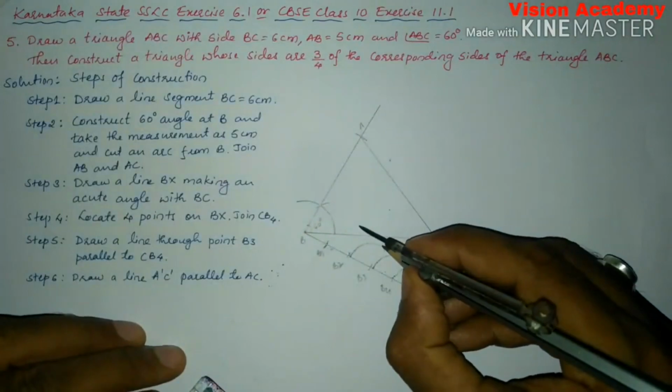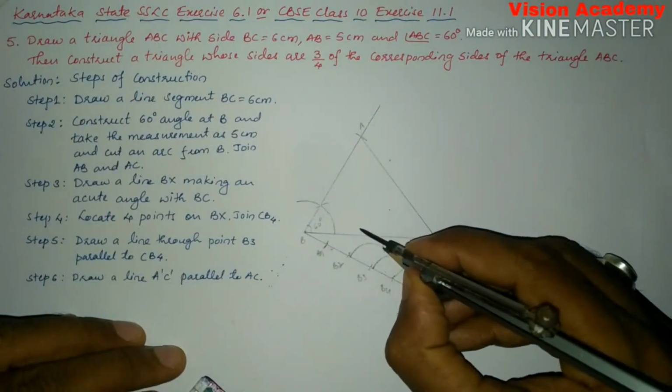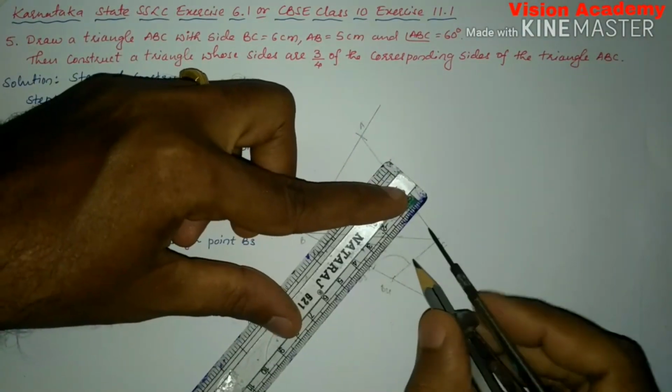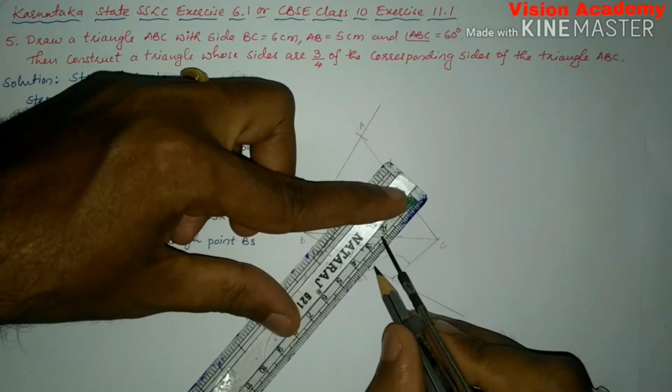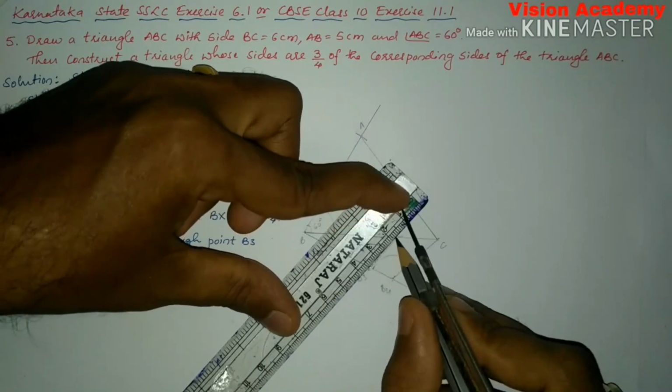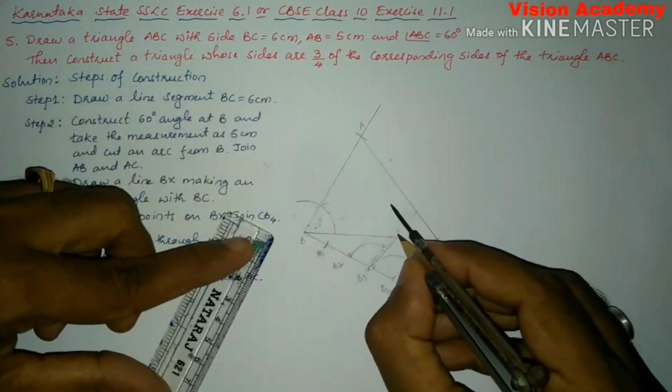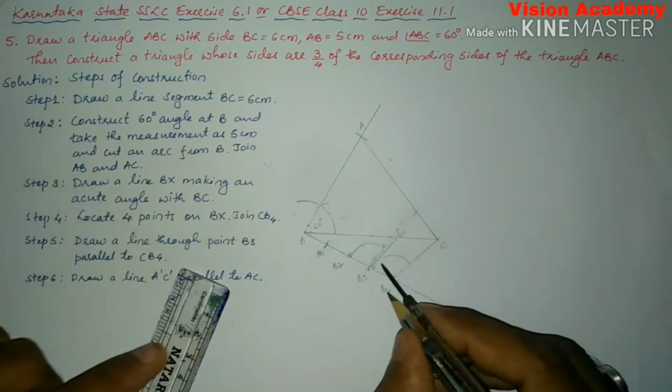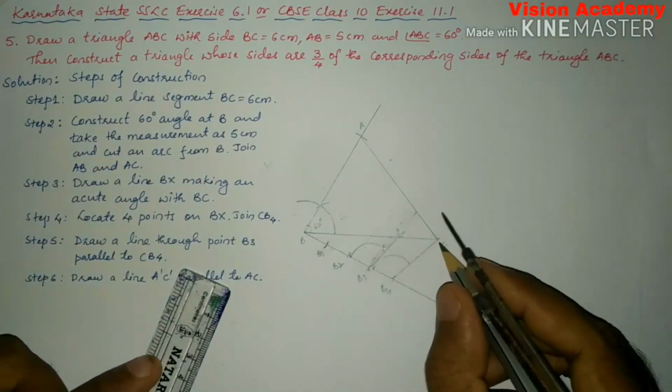So it comes here. Now let us join this B3 C dash, which is parallel to B4 C.